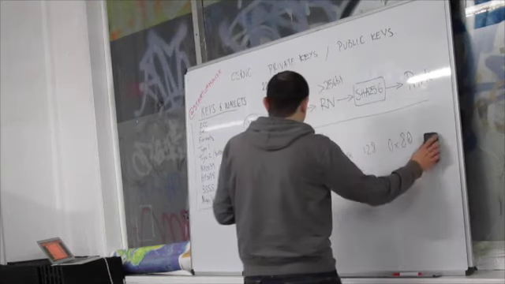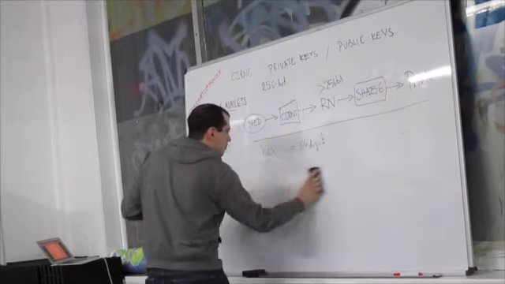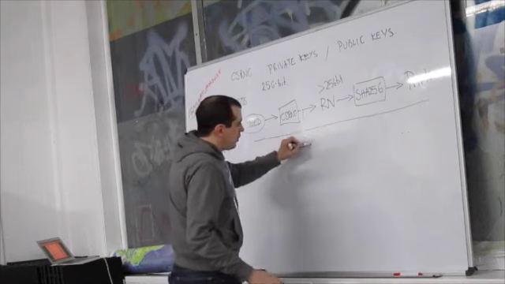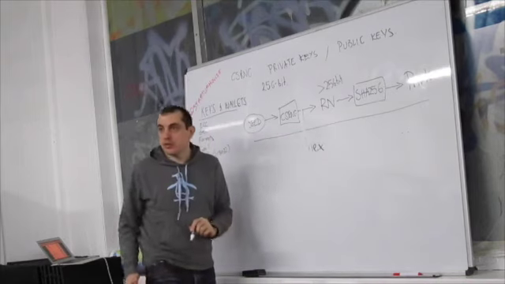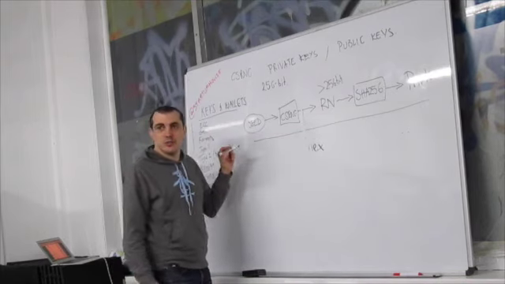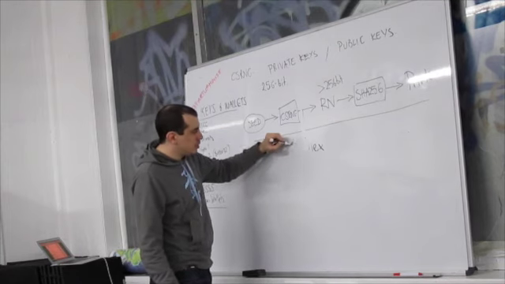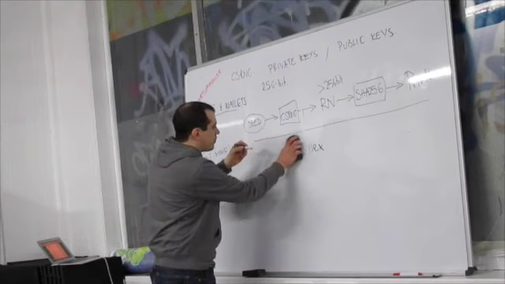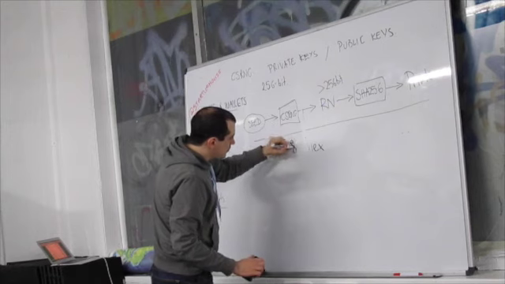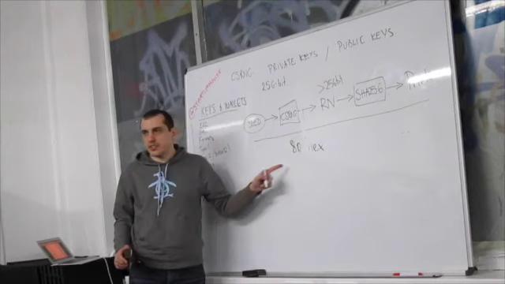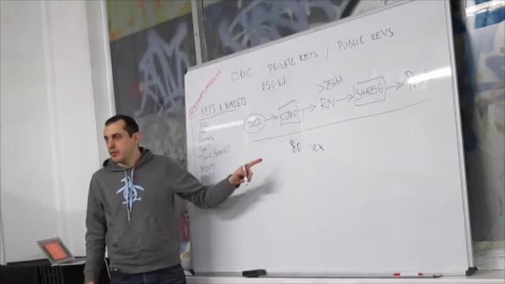So you take the hex, you add to the beginning of it the version number. That's in hex again, right?